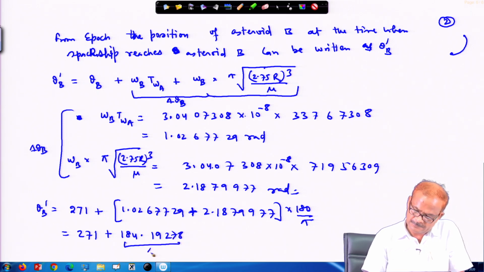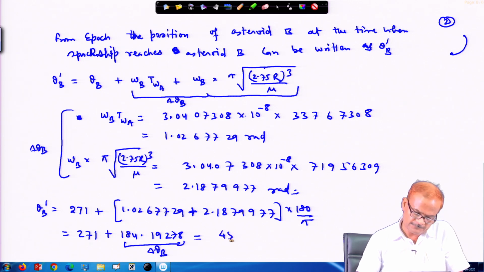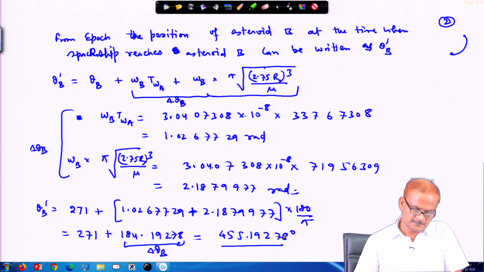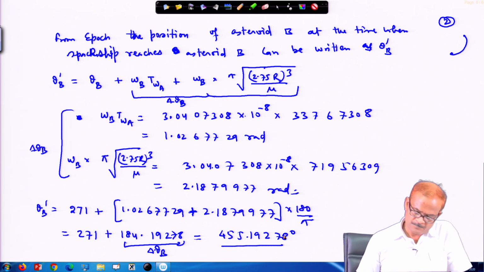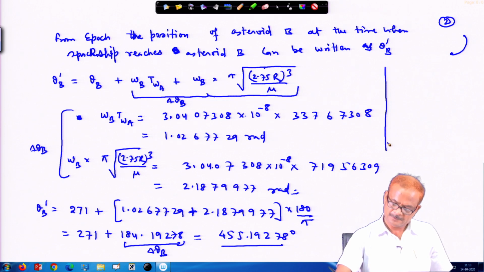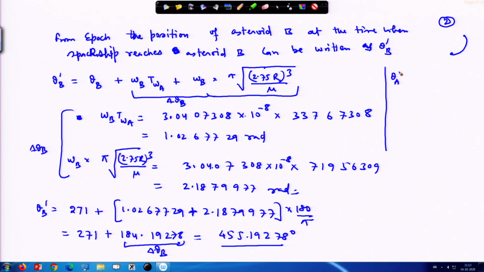This is the quantity your delta theta B, and this equal to 455.19278 degree. So, what we have got, theta A prime is equal to 565.41227 degree, and theta B prime, these are all measured from the epoch.